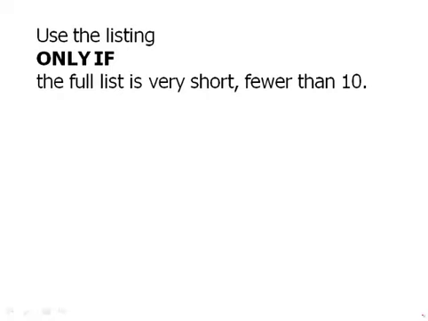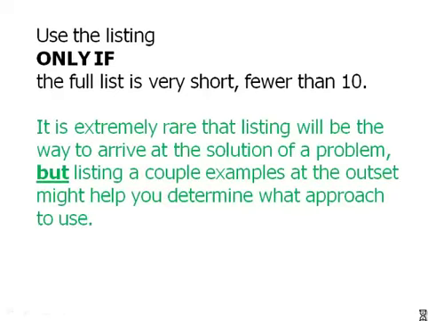So it's not whether the number of items is fewer than 10. It's whether the number of choices, the number of possibilities that we're concerned with in the problem, is fewer than 10. And so this is something really important to appreciate. It is extremely rare that listing will be the way to arrive at the solution of a problem. There's going to be almost no problem in the test that we can solve completely purely by making a list. But, this is a very important but, listing a couple examples at the outset might help you determine what approach to use.